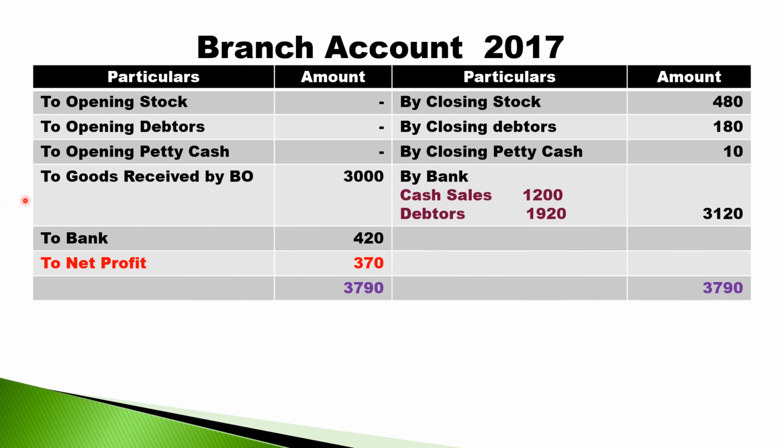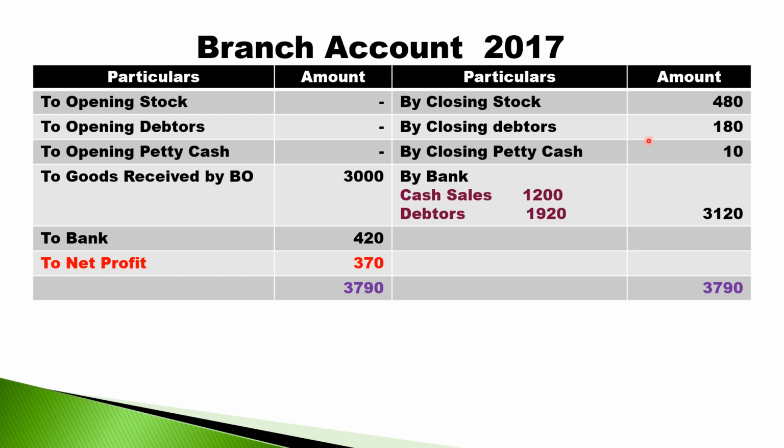Now this is the branch account for 2017, students. In 2017, no opening stock, no opening debtor, no opening petty cash. Goods received by branch in 2017, 3000. Cash received by branch in 2017, 420. Closing stock of 2017, 480.